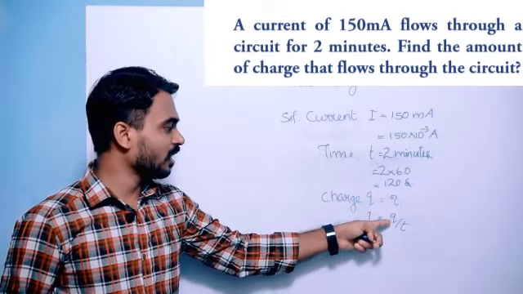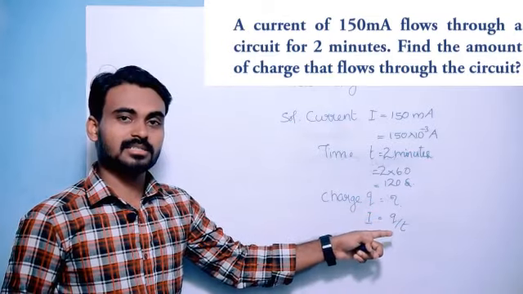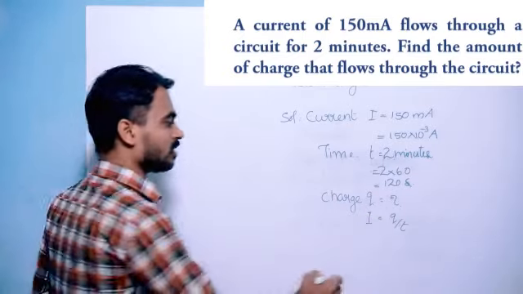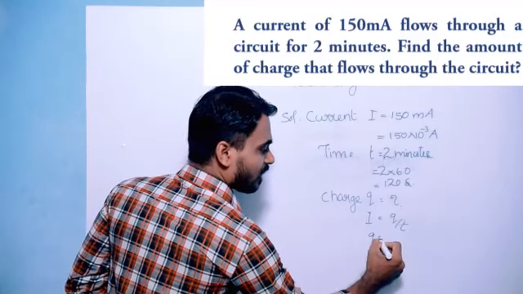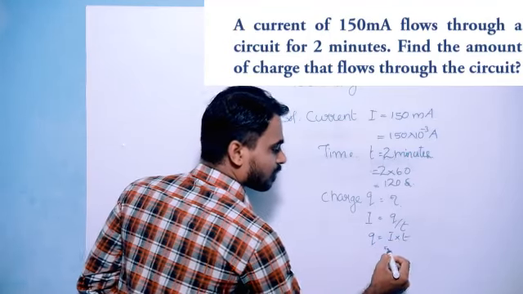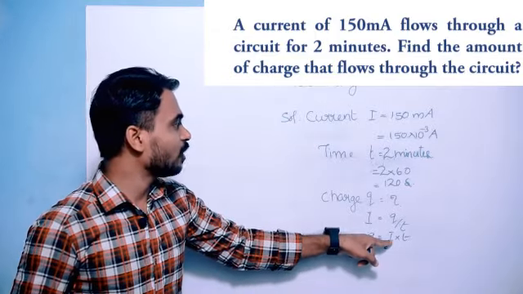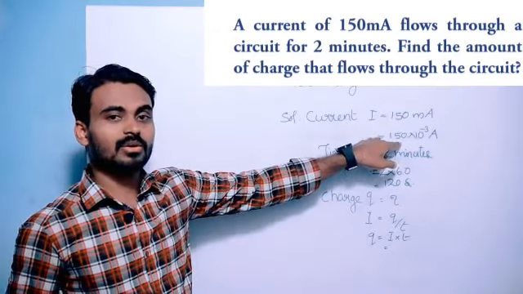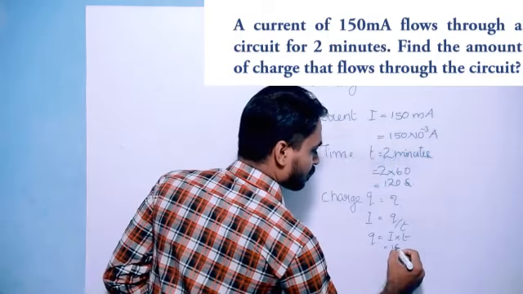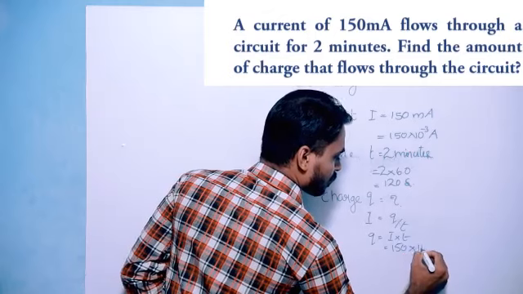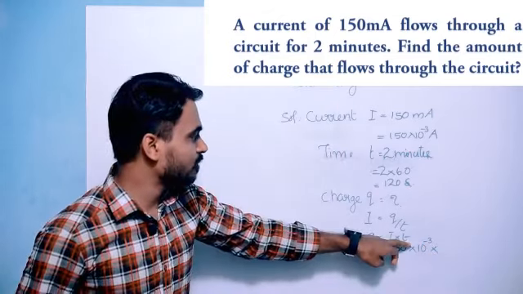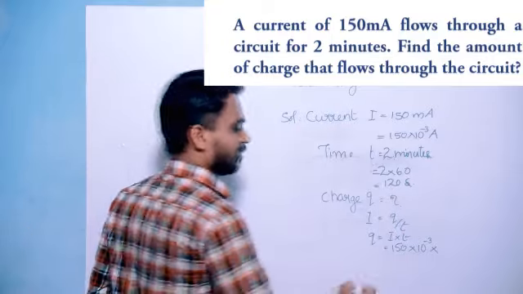We have studied just one equation, I is equal to Q by T. From this equation we have to find out Q. For that we just cross multiply it and we get Q is equal to I into T. I just write value of I over here. What is the value of I? 150 into 10 raised to minus 3. Into, what is the value of T? 120.